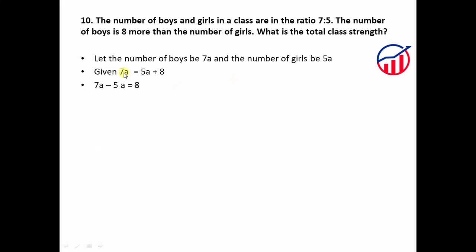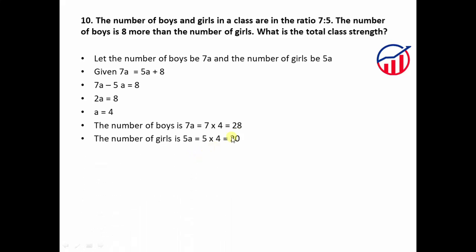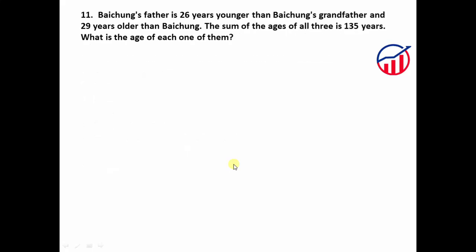So we solve this. 7a minus 5a is 8, so you have 2a is 8. a is 4. Hence, the number of boys is 7a, 7 into 4 is 28. The number of girls is 5a, which is 5 into 4 is 20. So girls plus boys is how much? 28 plus 20, which is 48. So the total class strength is 48.